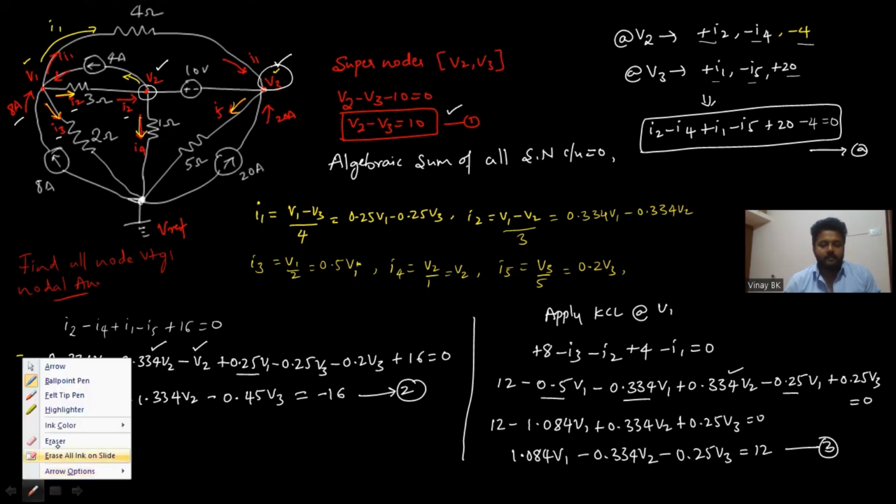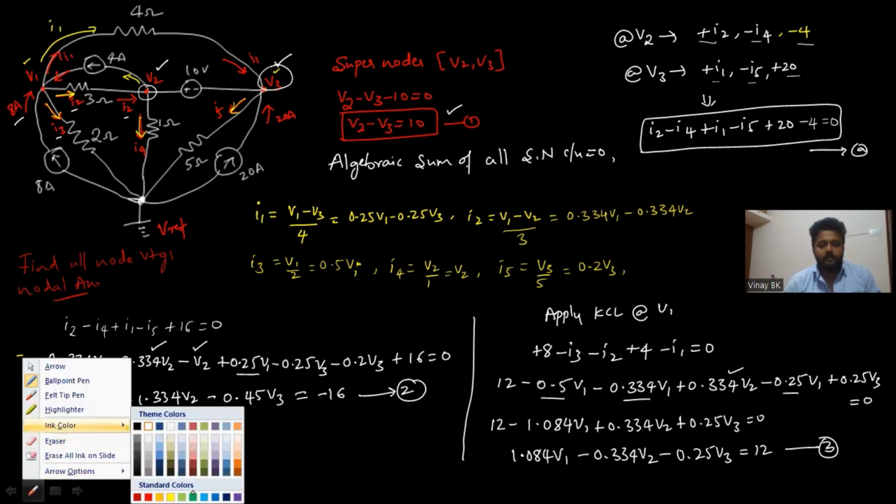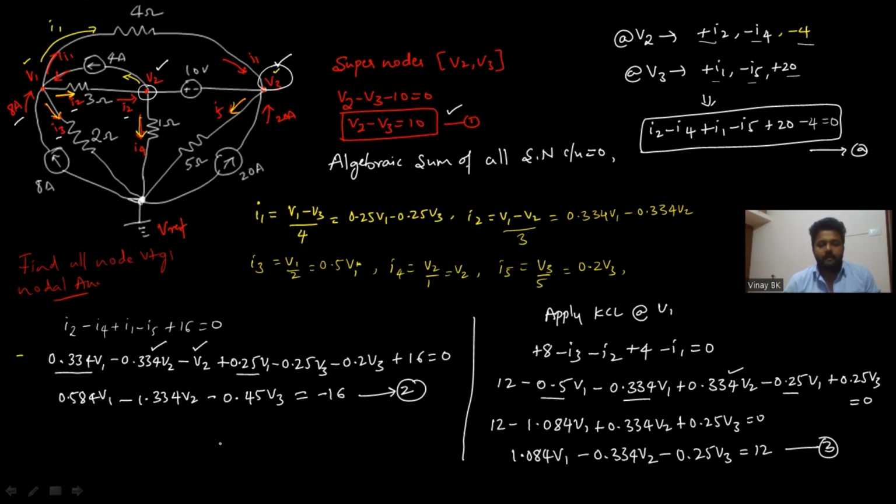Now solve equations 1, 2, and 3 with the help of a calculator, so that you can get the values of V1, V2, and V3. Keep your calculator in equation mode with 3 unknowns.